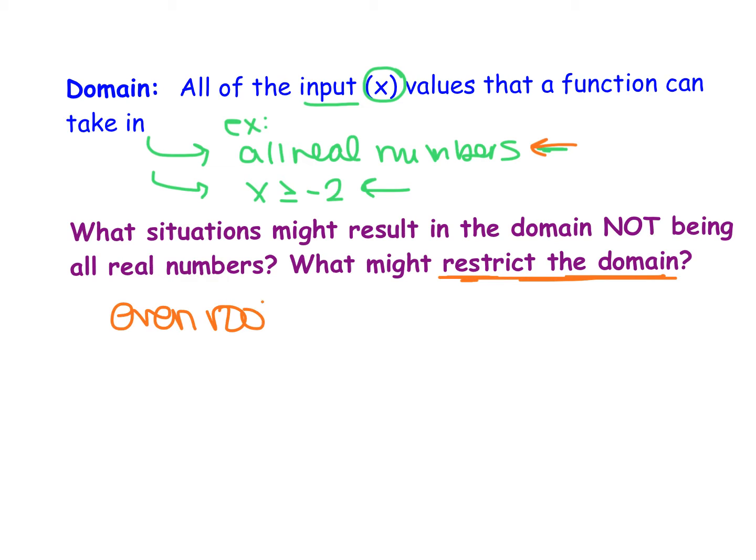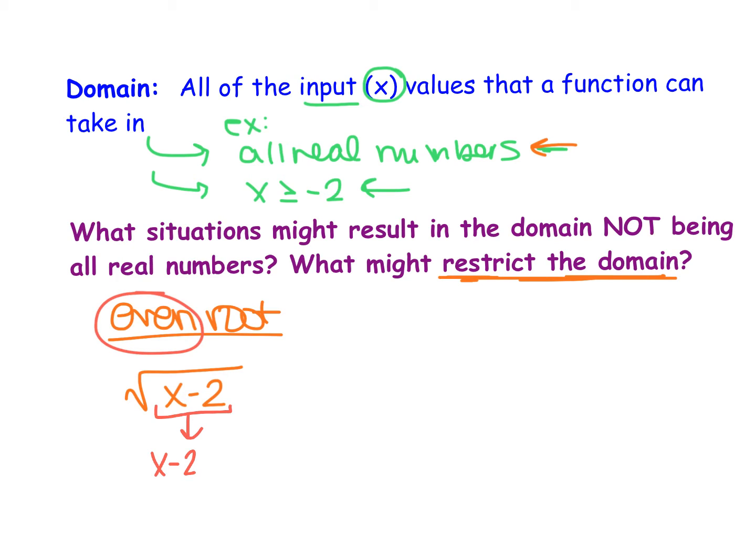When we have an even root, say the square root of x minus 2, I know that there are some restrictions on this function because the inside of this function cannot be negative. I know that x minus 2, in order to work with an even root, has to be greater than or equal to 0.